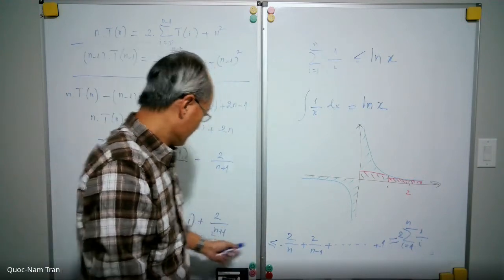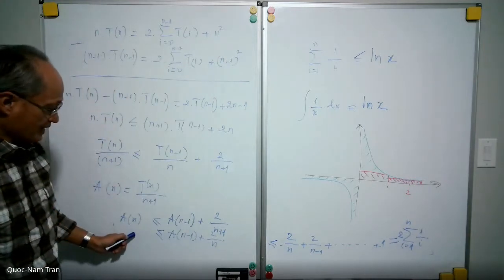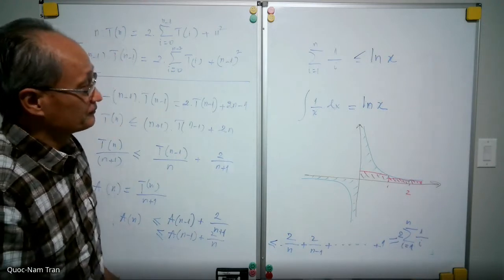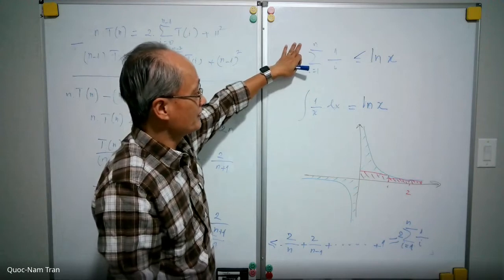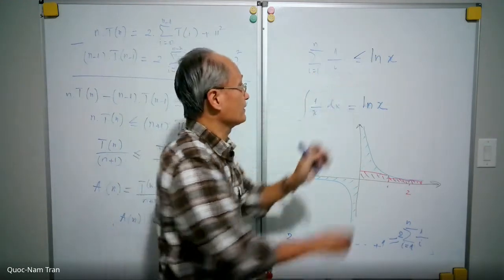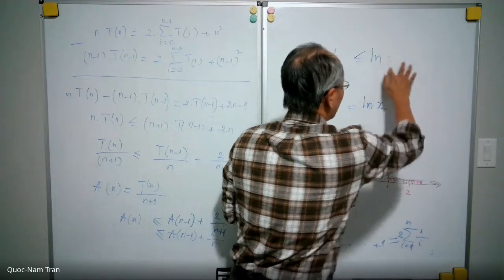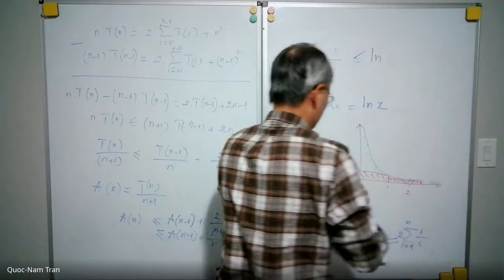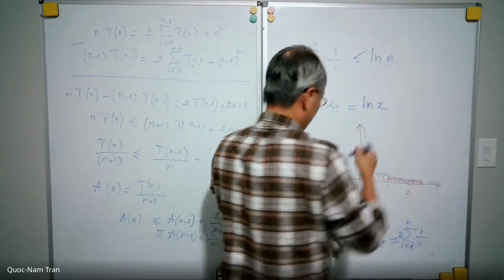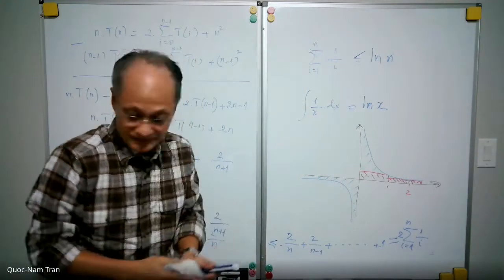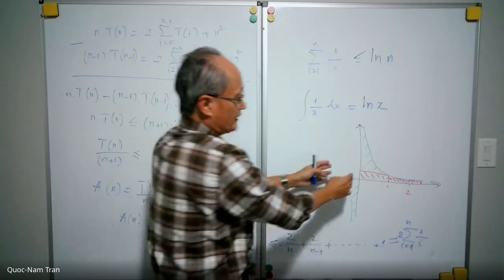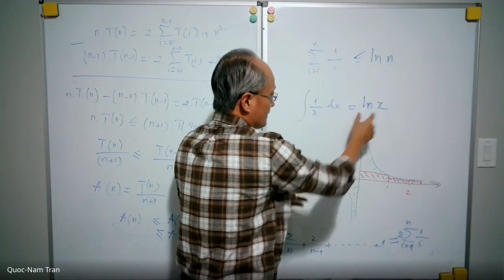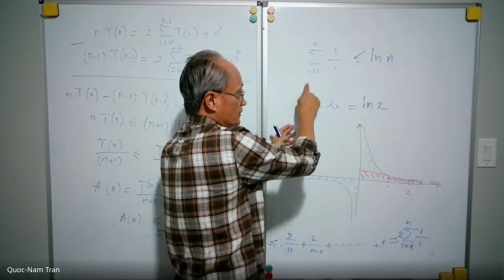So from here, we have the sum here is log n. We can go to the end, and that is the log of n. So log x here goes from minus infinity to infinity.